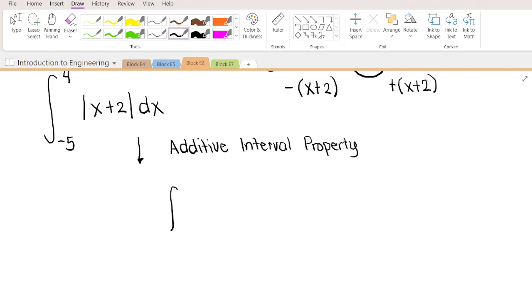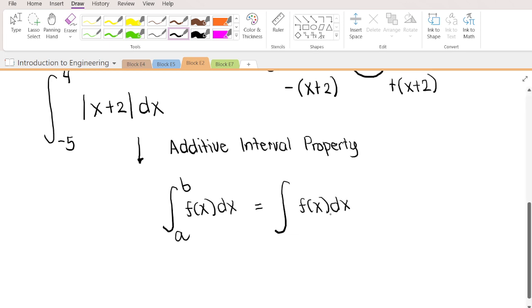So if you have an integral of a function of x with respect to x from a to b, you can break it down into two integrals of the same function, but your limits will be from the lower limit up to a particular intermediate limit.